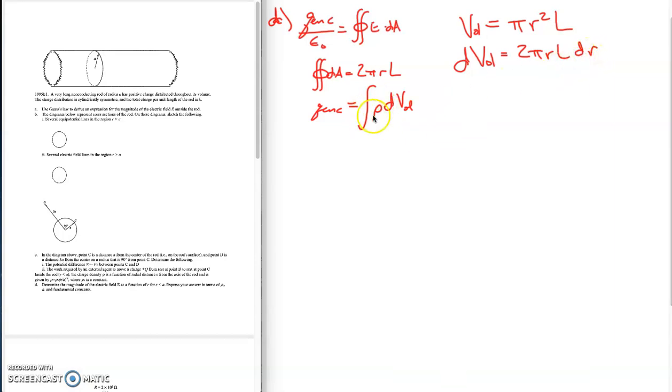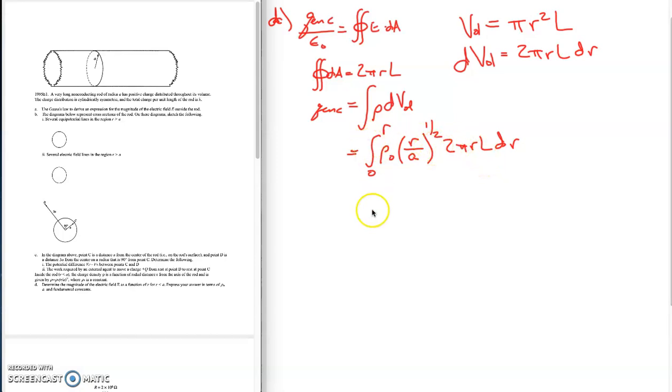All right, now they gave us a function for rho, which we're going to substitute in here, and now we have the volume element 2 pi r L dr, and we'll substitute that in also. So we're going to integrate from 0 to r because we want to stay inside the cylinder, r over a to the 1/2, 2 pi r L dr. This is a mixture of variables and constants.